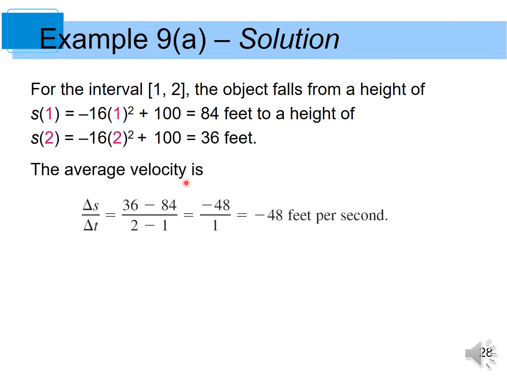To calculate the average velocity, the formula is delta s over delta t. So it is equal to 36 minus 84 over 2 minus 1. So we have negative 48 feet per second. The negative indicates the direction.